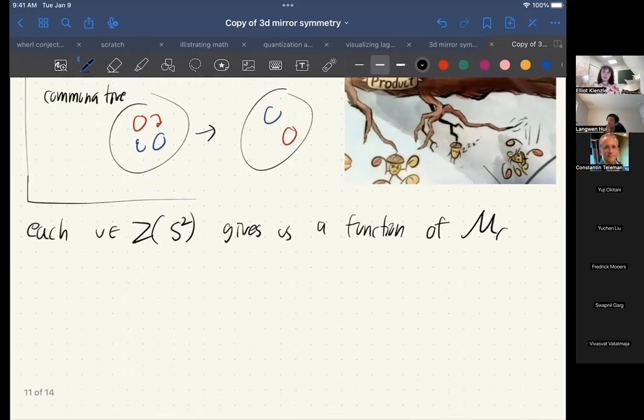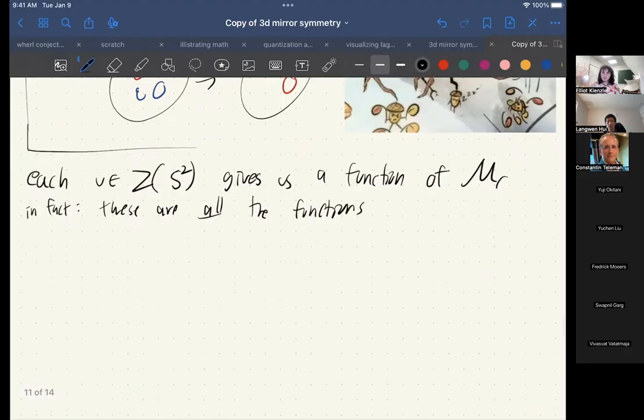And the insight is that these are going to be all the functions. So this gives us the definition that we need. Is this right? So yeah, I like it. Yeah, okay. These are all of the functions.